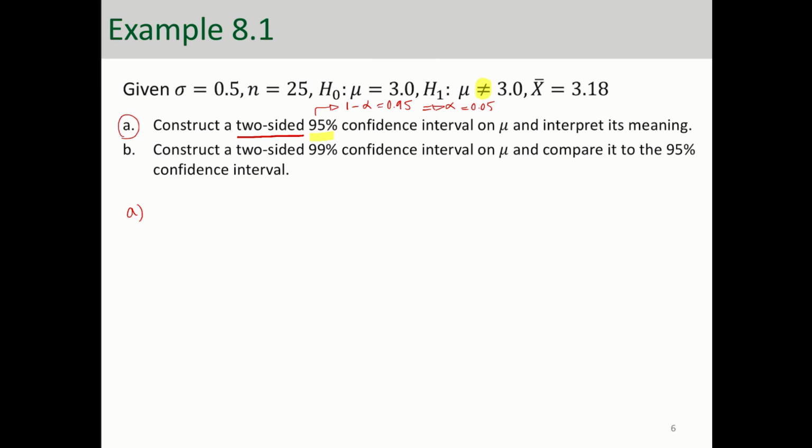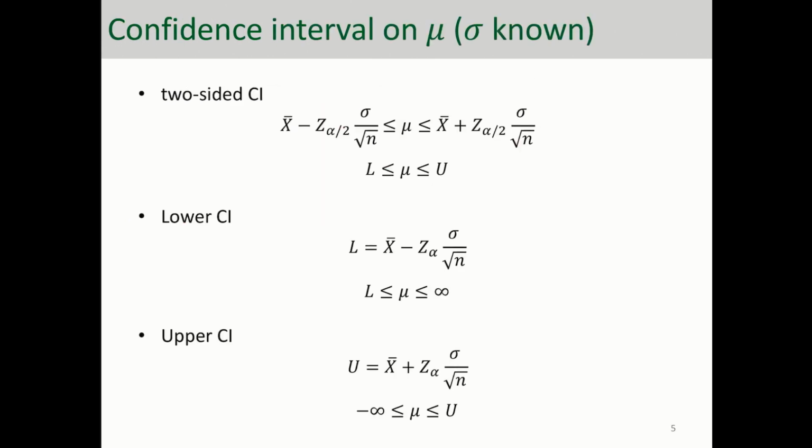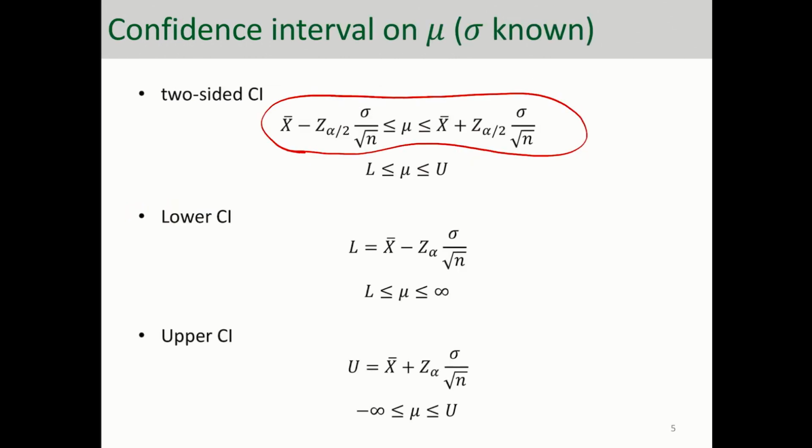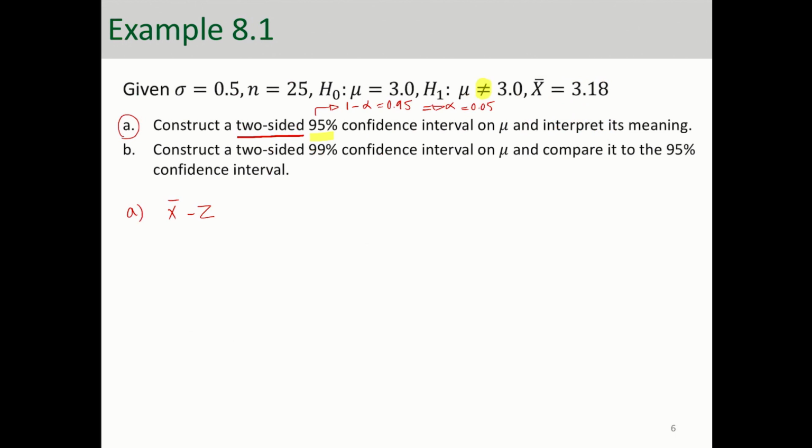And we know that this is the formula for the two-sided confidence interval. So we're going to be using that: x bar minus z of alpha over 2.